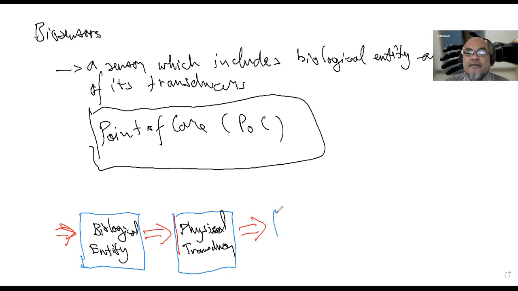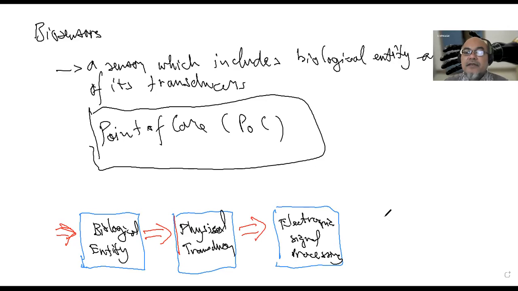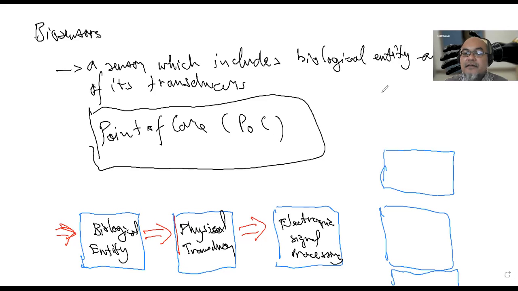We have electronic signal processing. After that, it could be either displayed, or recorded, or transmitted.